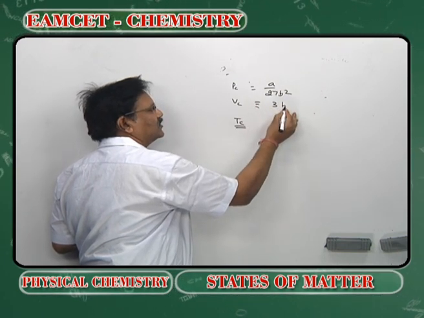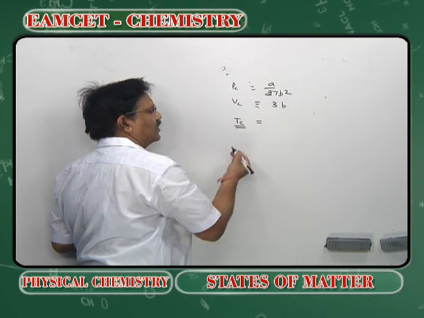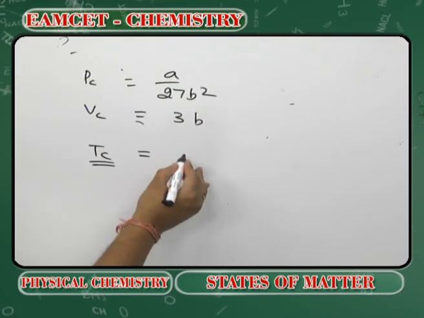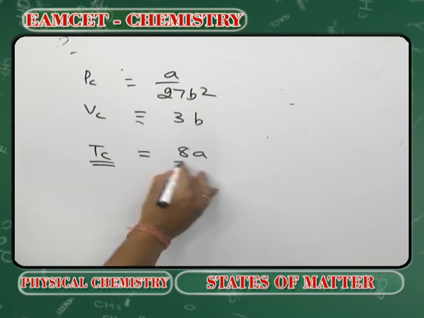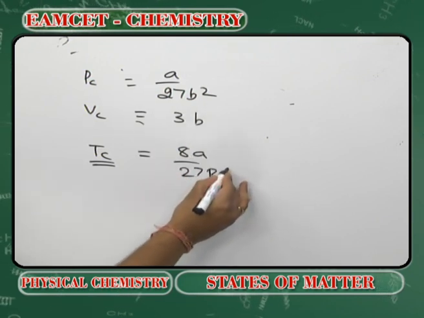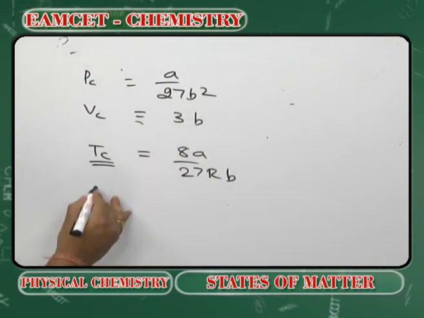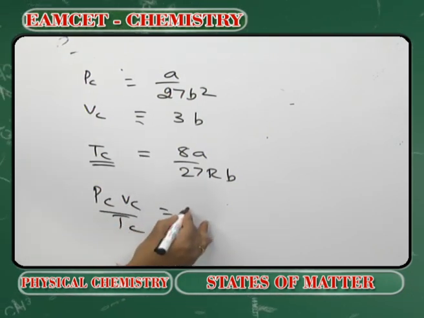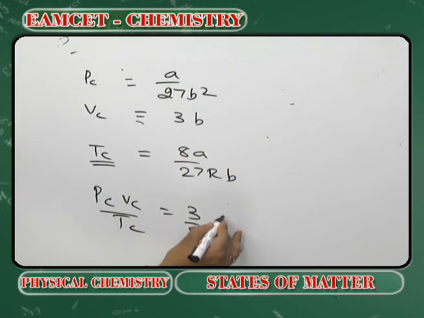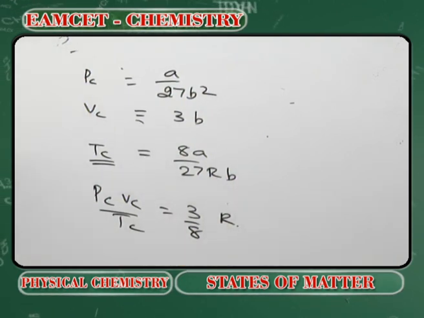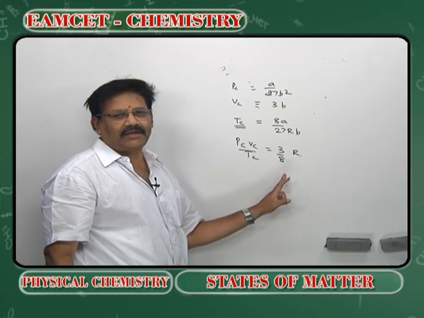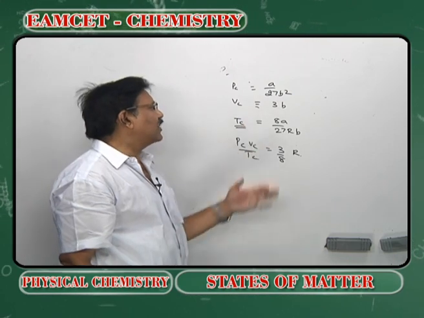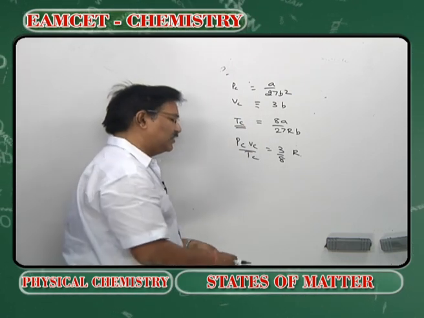What is VC? 3b. What is TC? 8a by 27Rb. Now what is PC VC by TC? PC VC by TC will be equal to 3 by 8 R. These are the values of PC, VC, TC.